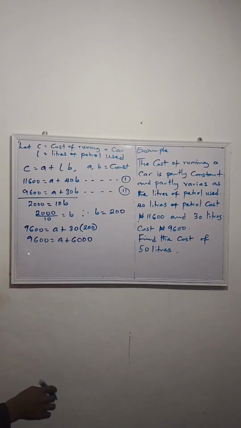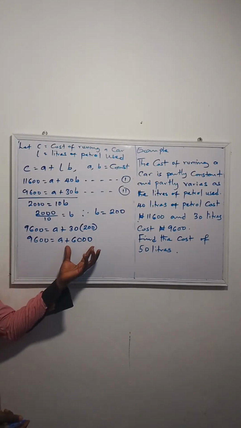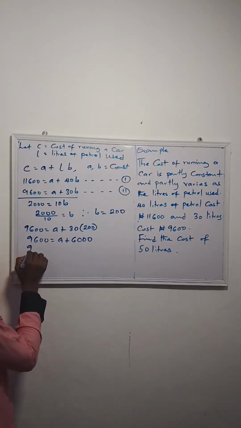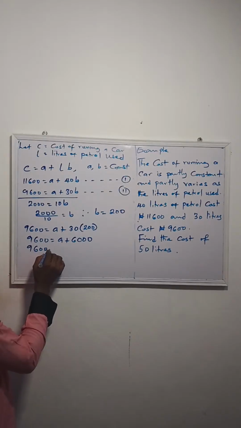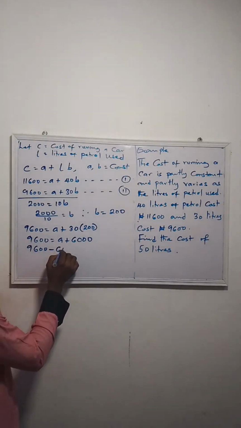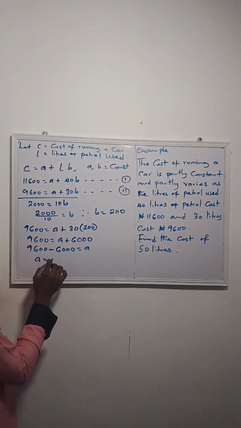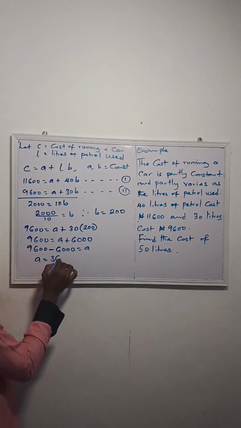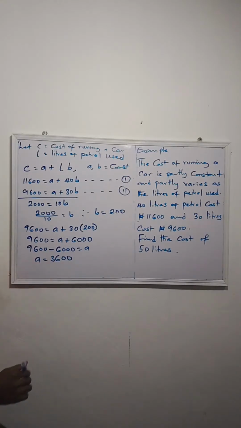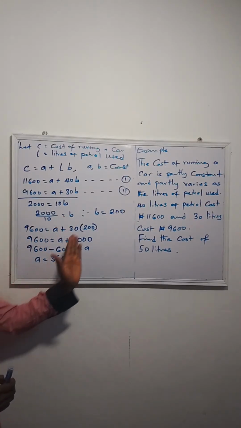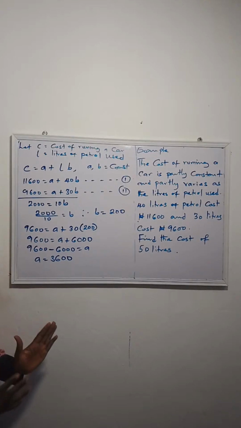So we have that. Now the next thing is to collect the like terms. So you have 9,600 minus 6,000 equals A. So A will be 3,600. Okay. So now we have the two constants, A and B. Now we can get the connecting formula.